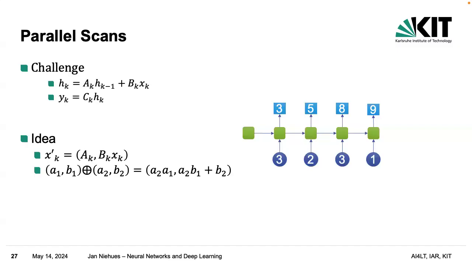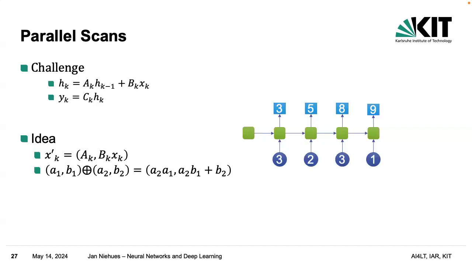Yes, so we don't need to think about the complicated parallel scan algorithm, as you said, but the second step of calculating Y from the hidden state, we can do in parallel. It's the same multiplication you do at each time step, so you can just do it in parallel. You don't have to think about any complex algorithm there.